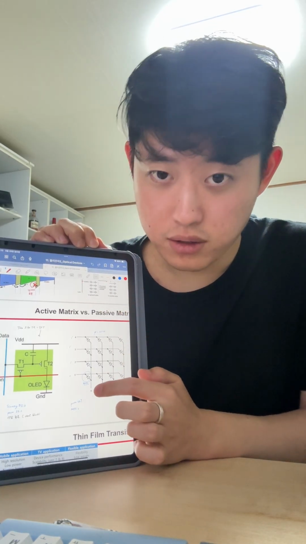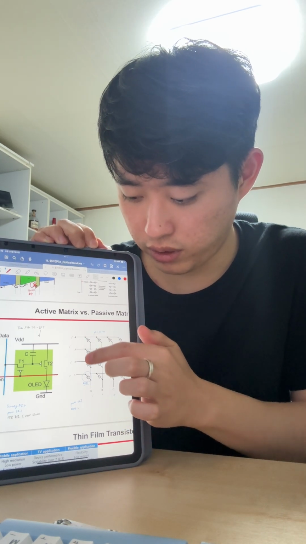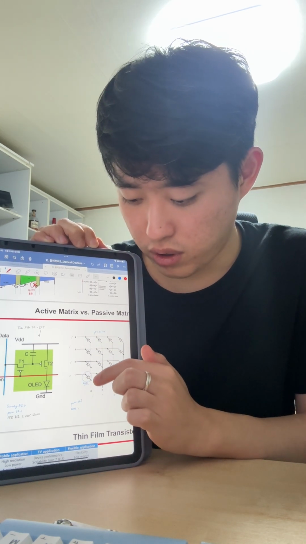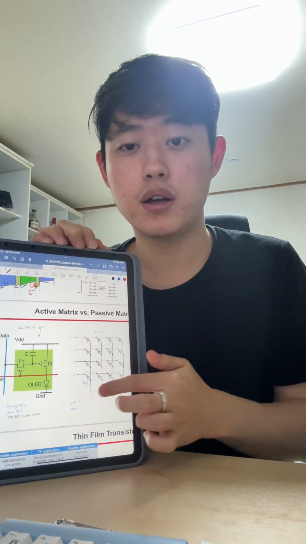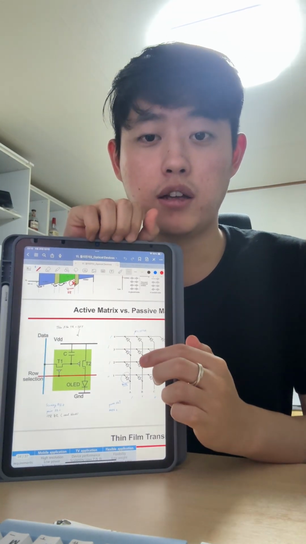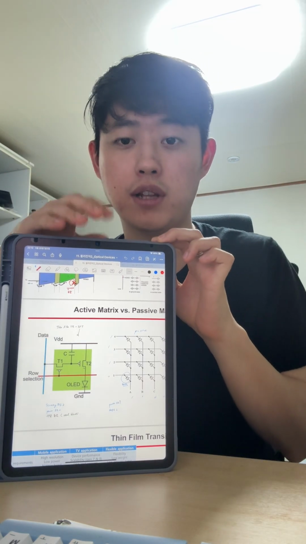So here is 1, so high, and 0 in 1, so only this diode operates. But an active matrix doesn't operate like this.